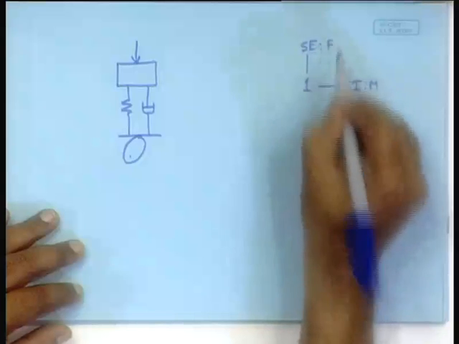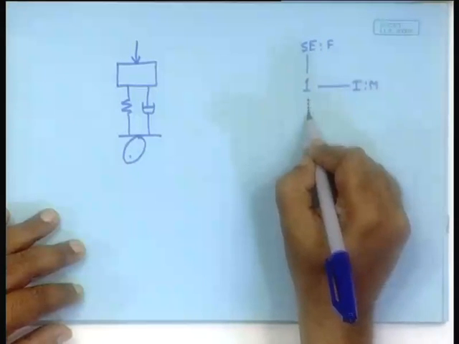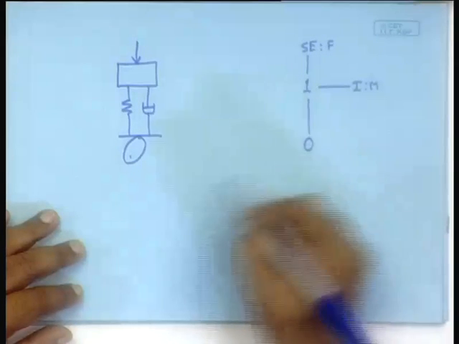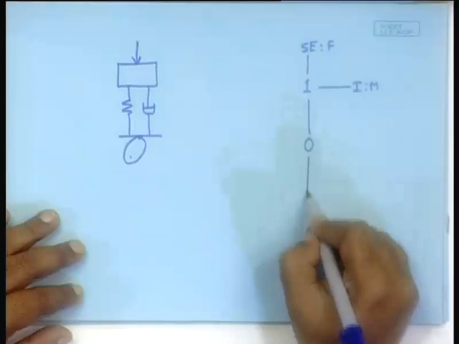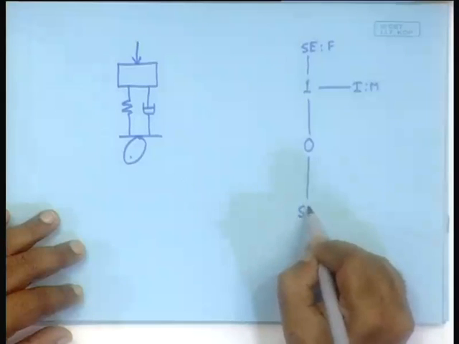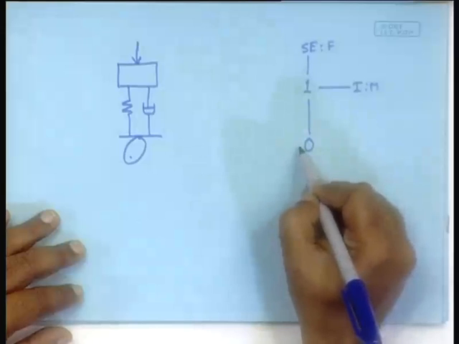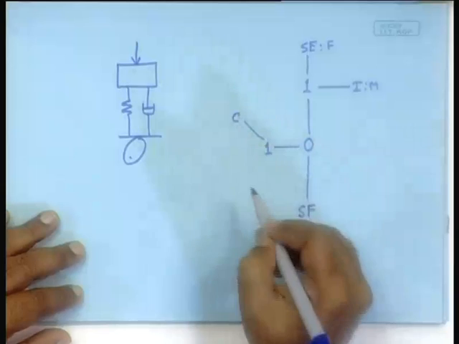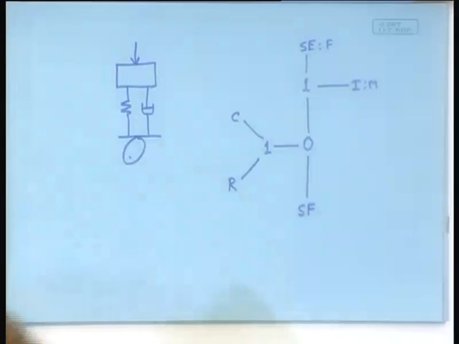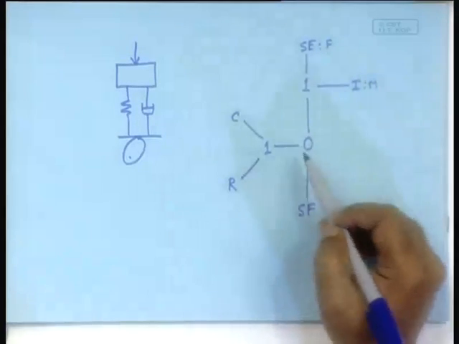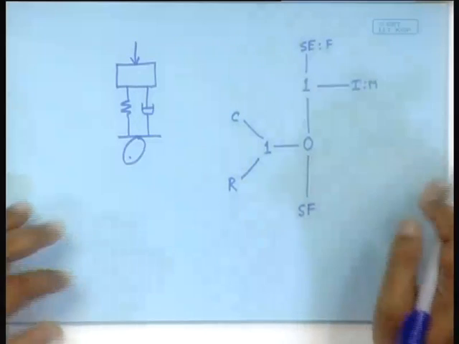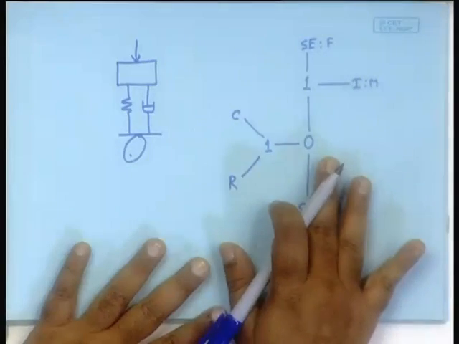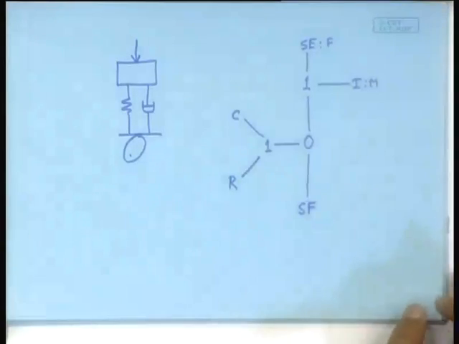So, this is the force, connected to here a 0, then you have the two things connected. The 0 will be connected here to the SE, SF, and here it will be connected to a one junction to the C to R. It is the other way of doing this particular bond graph that we already showed. This is already done, that is why I am not talking about the whole details once again.